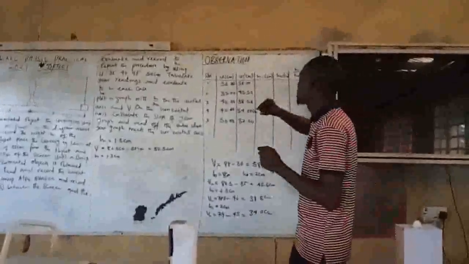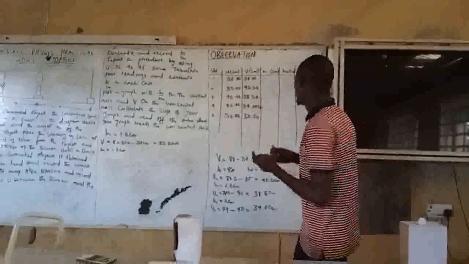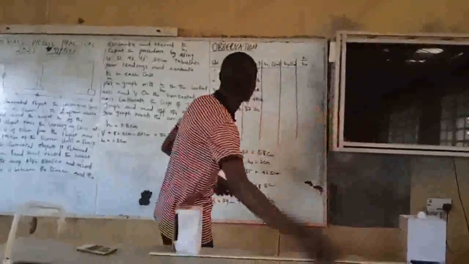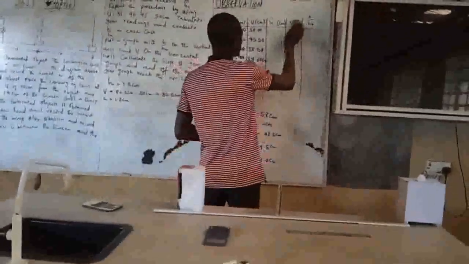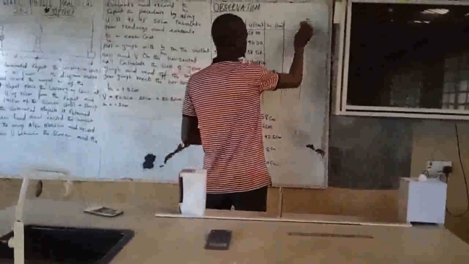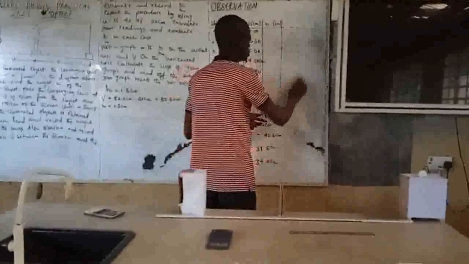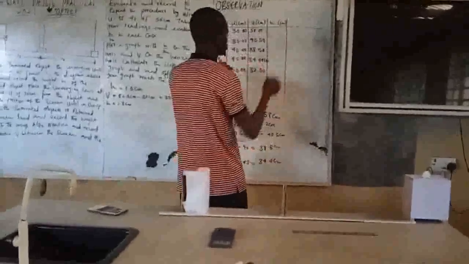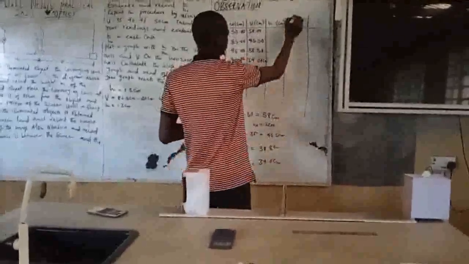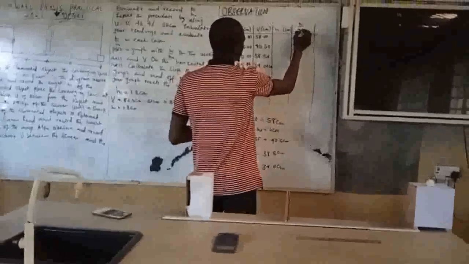Don't forget I said the object height is always constant. It seems that this is not varying. I can remove the object distance here, placing only the image. Here should be hi over h naught.